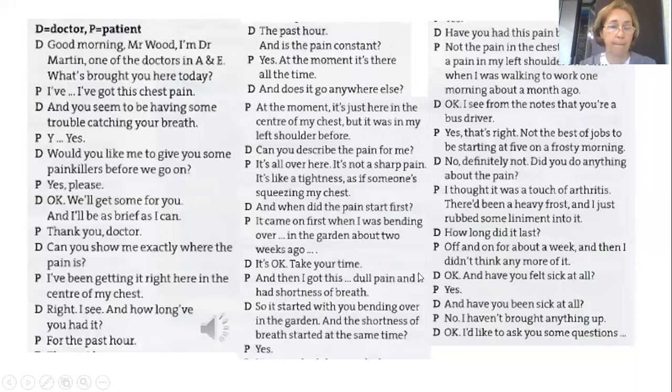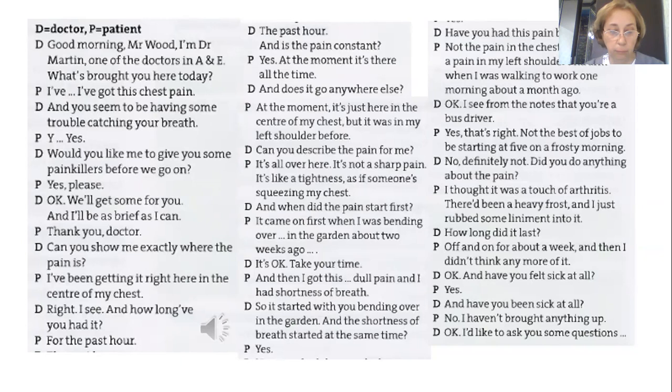Listening 3. Good morning, Mr. Wood. I'm Dr. Martin, one of the doctors in A&E. What's brought you here today? I've got this chest pain. And you seem to be having some trouble catching your breath. Yes. Would you like me to give you some painkillers before we go on? Yes, please. Okay, we'll get some for you.